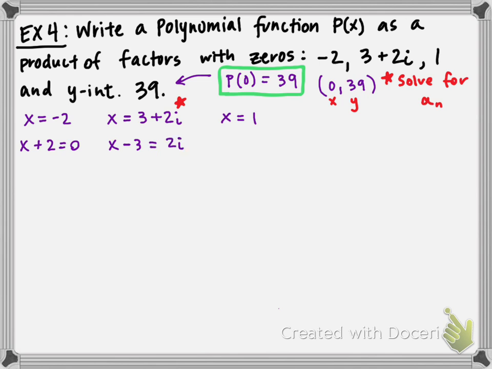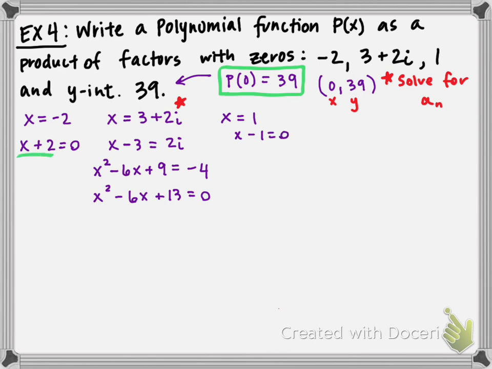We then square both sides, and we get x squared minus 6x plus 9 equals, now 2 times 2 is 4, but i times i is -1, so we're left with -4. Set that factor equal to 0, and we have x squared minus 6x plus 13 equals 0. And the last factor I see would be x minus 1 equals 0.